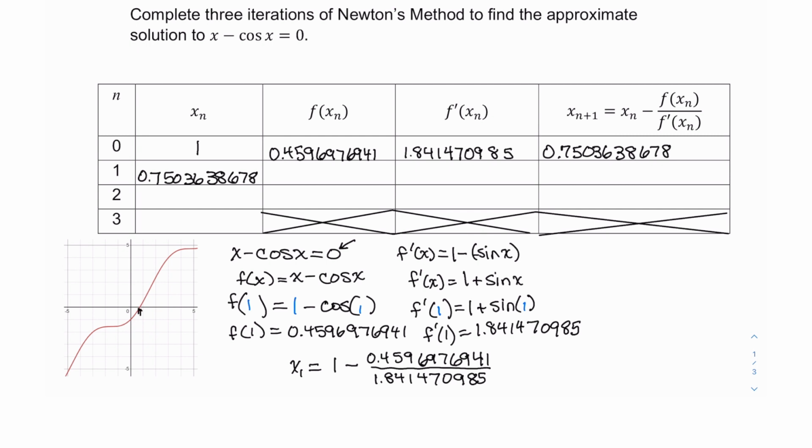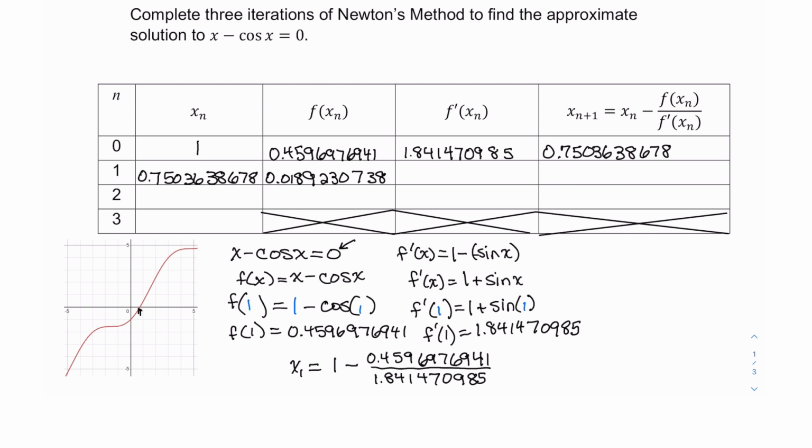Now we're going to go through the process again. So we are going to take f of this 0.750363868, and once we run it through the function, we'll get our value out of 0.0189230738.